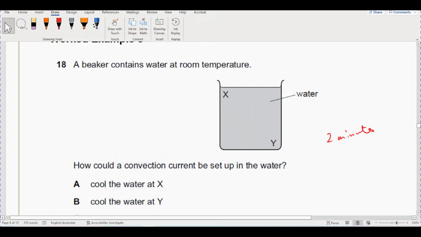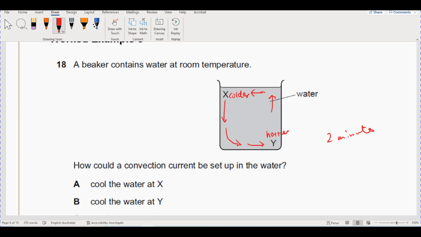So how about if I get X colder? Relatively speaking, Y is hotter, right? So if this region is colder, the colder water will sink, and you need warmer water to fill in, and this part is relatively hotter.